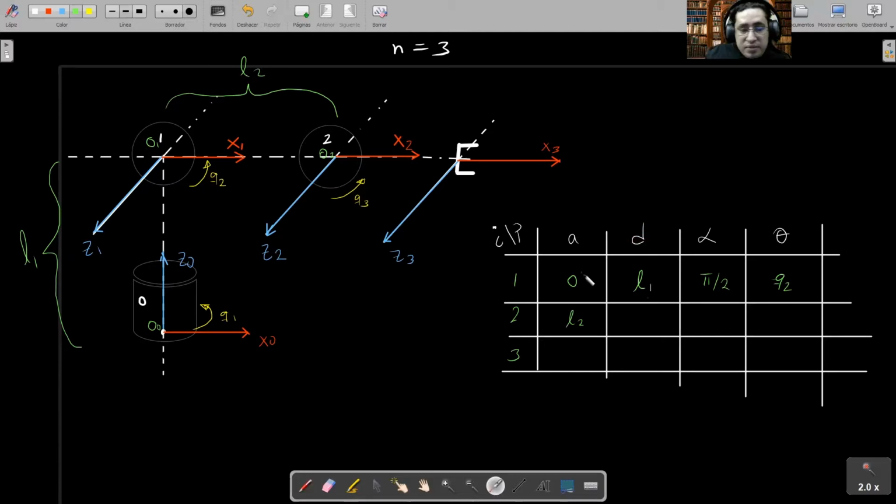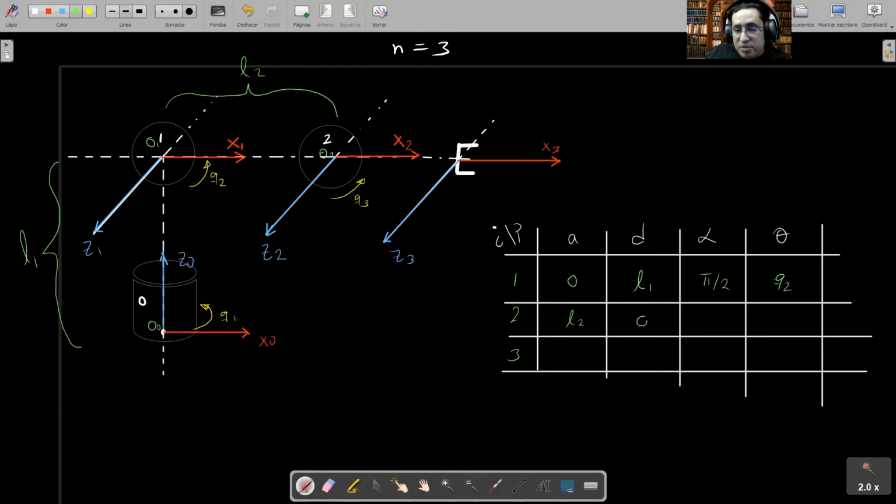Okay, then D is the distance along theta 1 from the intersection of X2 with respect to theta 1, which is here. Then it is the distance from the previous origin, which is O1, with respect to the intersection of X2 and theta 1, which is again O1.